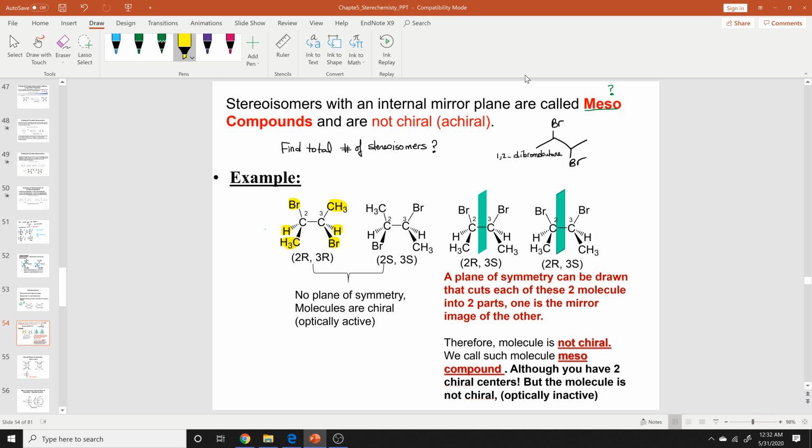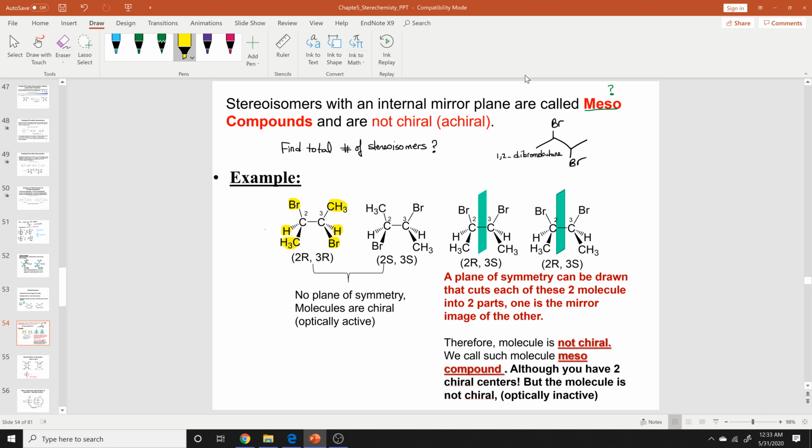Let's consider these two cases over here. With this structure over there, I do have bromines in opposite planes. I have CH3s in opposite planes. So there's no way I can draw a plane of symmetry, because drawing a plane of symmetry is not going to cut the molecule into two parts that align with each other, since the bromines are in opposite planes and the CH3s are in opposite planes.